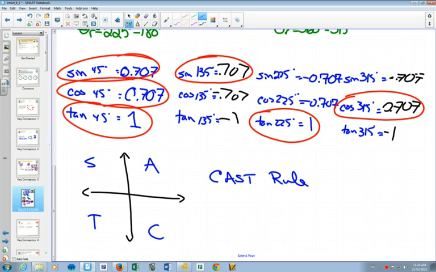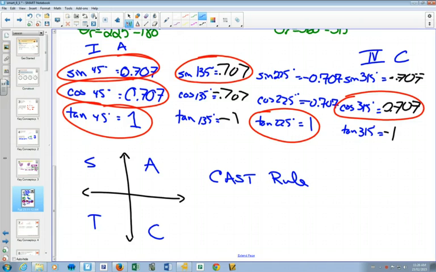So the C in quadrant 4 here is because here in quadrant 4, only cos is positive and sine and tan are negative. The A for quadrant 1 means that all of them are positive.